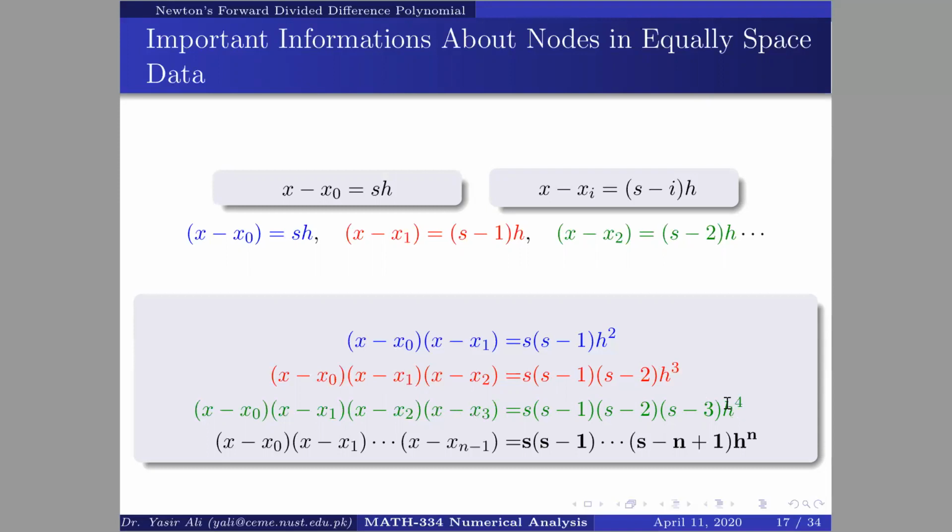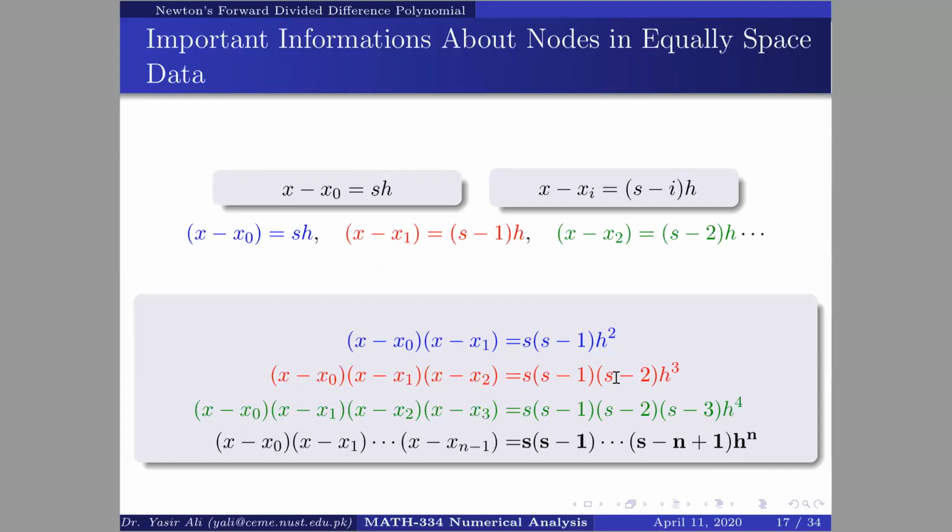For four factors, it will be h to the 4. For n factors, it will be h to the n, and s minus 0, s minus 1, s minus 2. If there are four terms, we will get a 3 here. If there are n terms, then we will get n minus 1. And because of the minus outside, it will become s into s minus n plus 1.